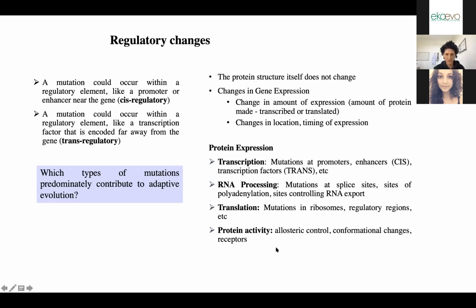After the primary structure of the protein, the protein will gain allosteric and conformational changes, will have secondary, tertiary and quaternary conformation, and then we will have the receptor section, and the mutation can happen in this process. Those are all regulatory changes.